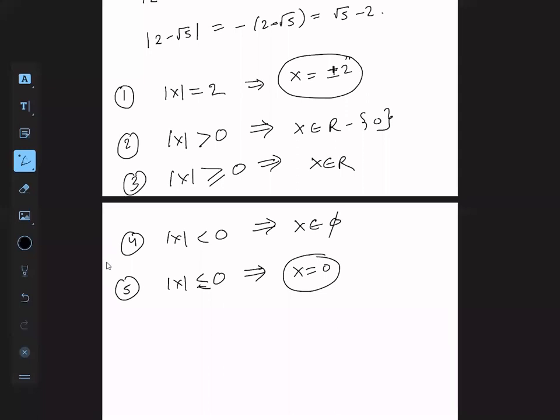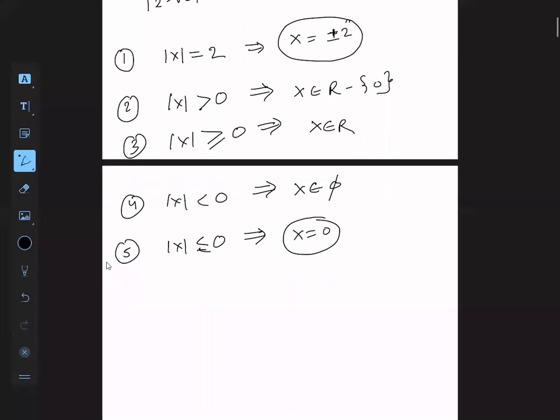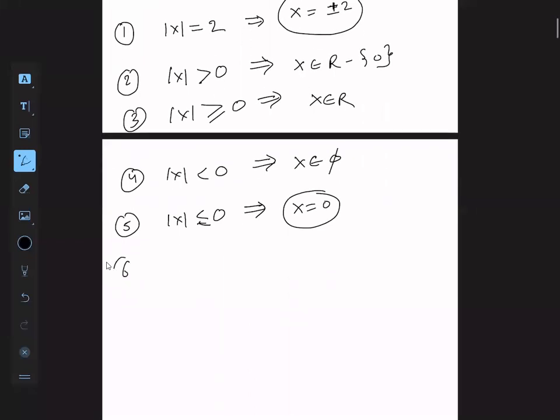So have you understood the first 5 points? Sixth one. If mod x is equal to minus 2, then what is the value of x?